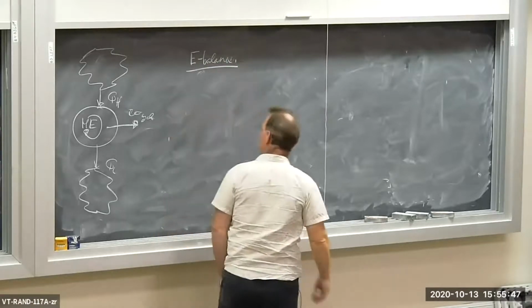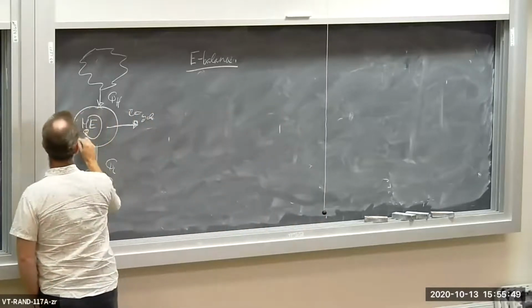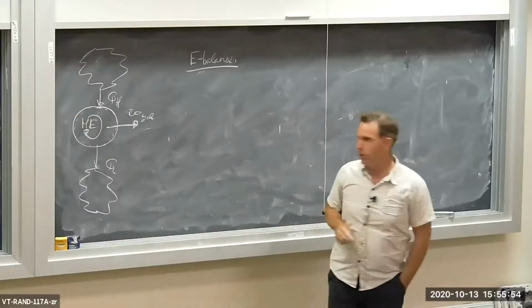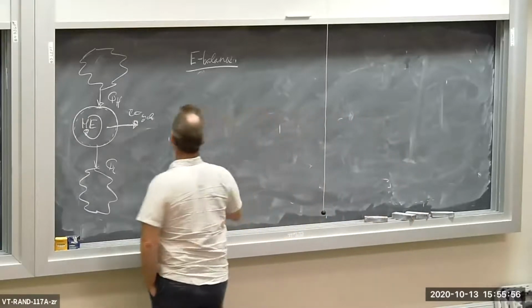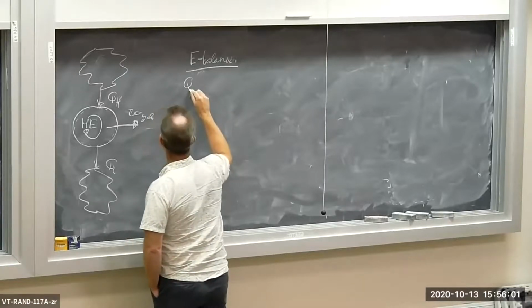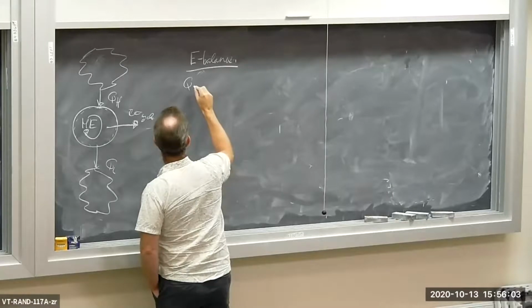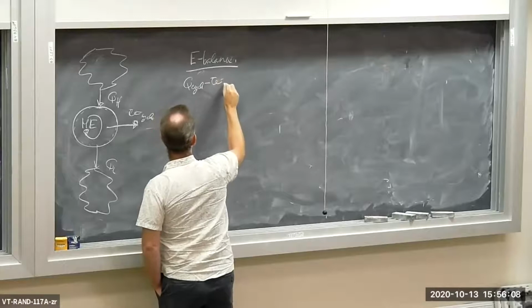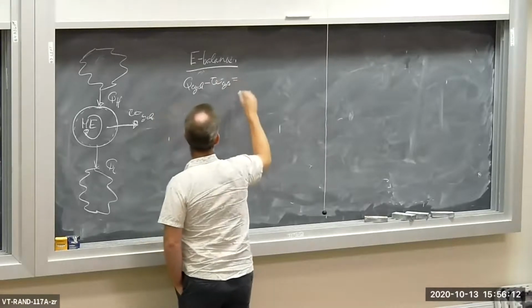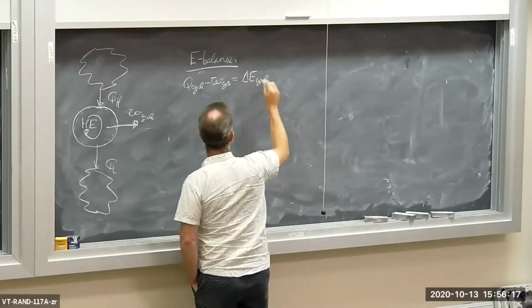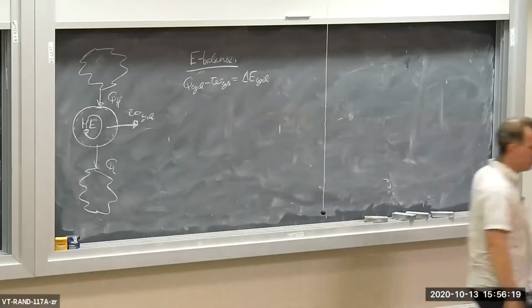So let's apply the E balance to our cyclic heat engine. I'm going to write the energy balance and apply it over the cycle. So I'm going to write here Q over the cycle minus the work produced over the cycle is equal to delta E over the cycle.